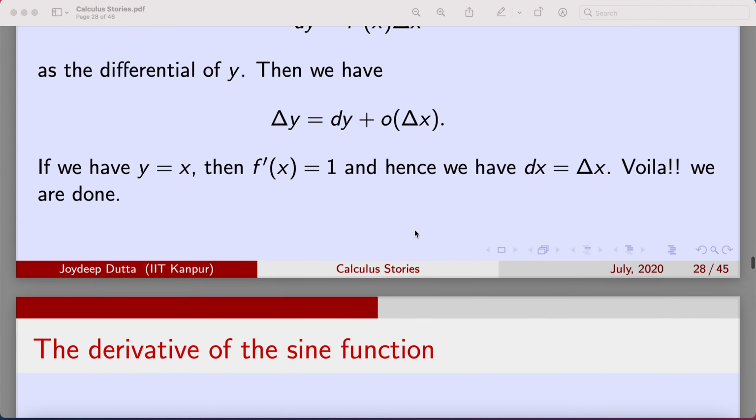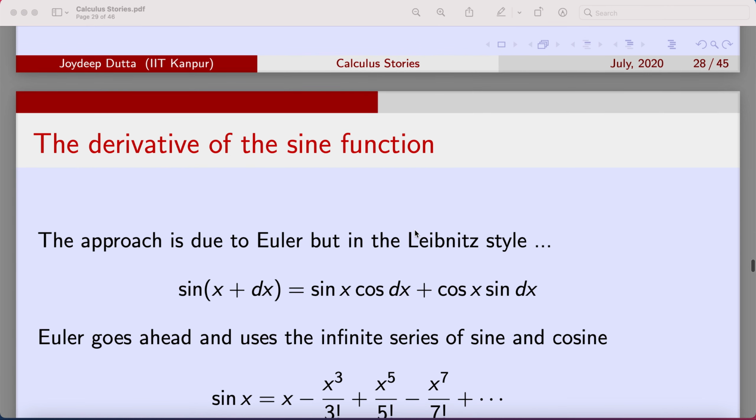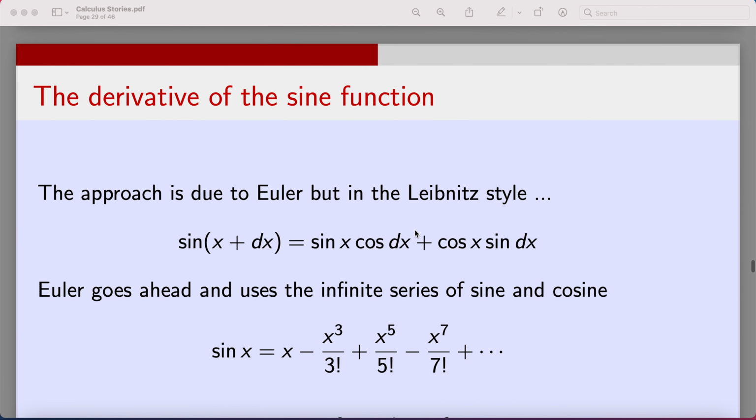Now let us go and try to find the derivative of the sine function. This is slightly critical. So after this talk, those who hear it and those who are really interested in calculus, go back with your notebooks and from the very first principle, that is f dash x equal to limit as h tends to 0 of f of x plus h minus f of x by h, try to find the derivative of sine x and see where you get stuck.